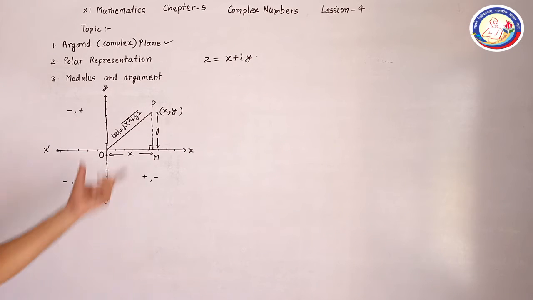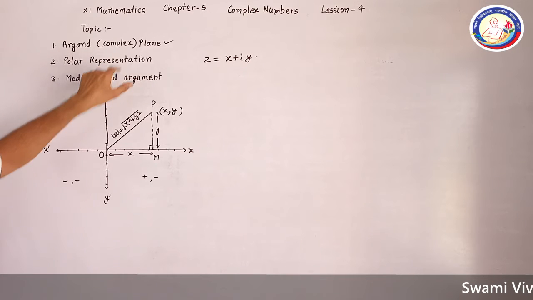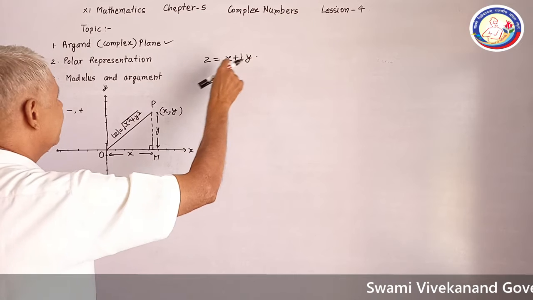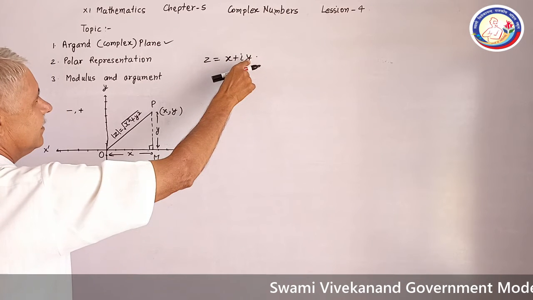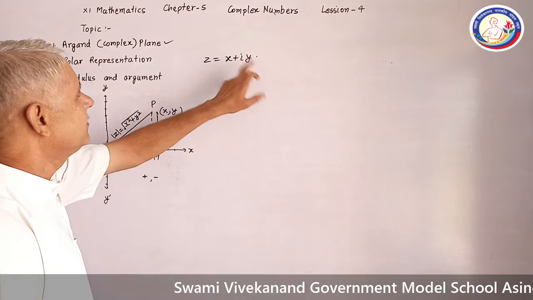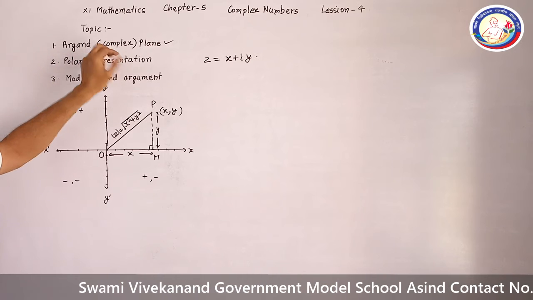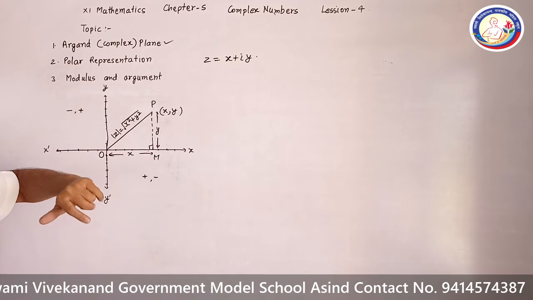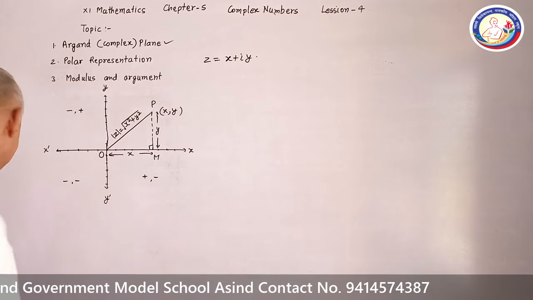But if on the y axis we represent an imaginary number, it means y is associated with an imaginary quantity, then this will be called an Argand plane or a complex plane. So we can show any complex number in the Argand plane or complex plane.